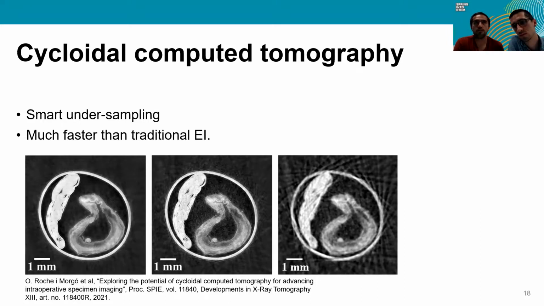With edge illumination, we're aiming to get there. At the moment, the efforts have been to develop new systems from scratch, a dedicated system for edge illumination, rather than incorporating it into existing CT scanners. But it still hasn't got there.